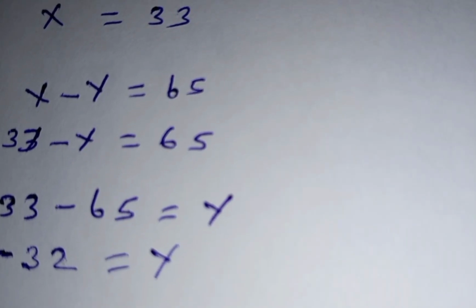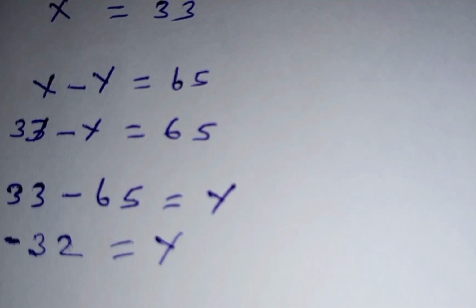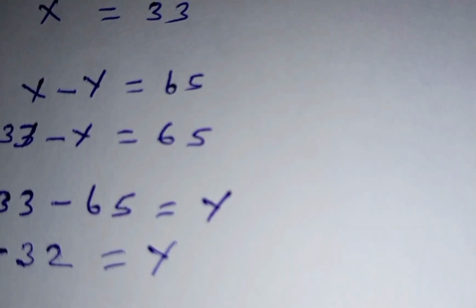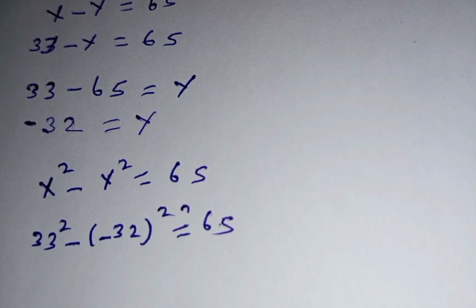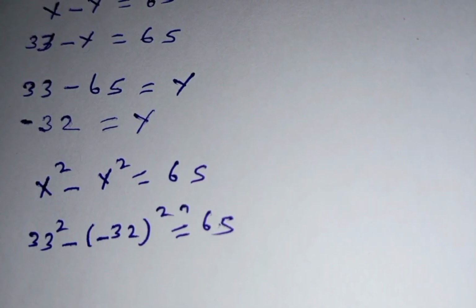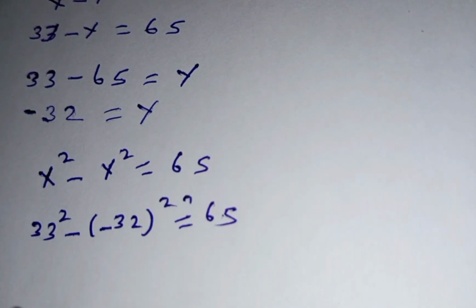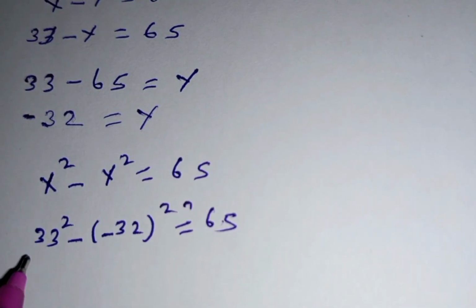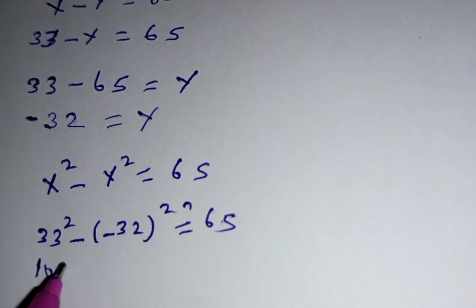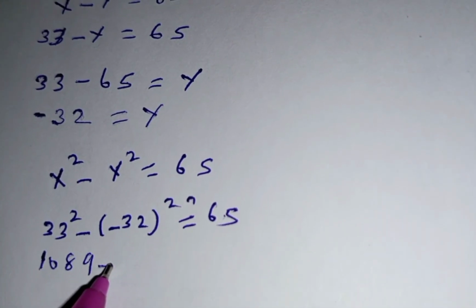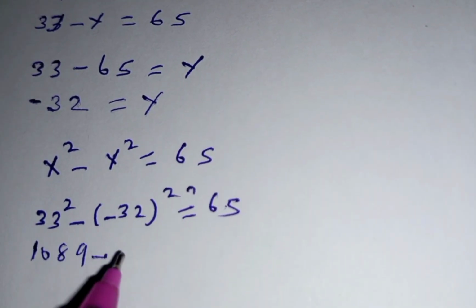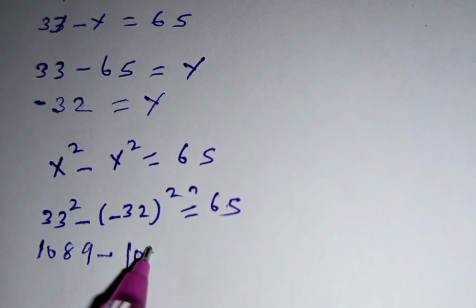So we verify and see whether our solution holds. We verify by substituting the value of x as 33 squared minus negative 32 squared and see what we obtain. 33 squared is 1089. Negative 32 squared will give you positive 1024.